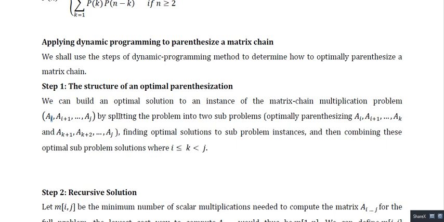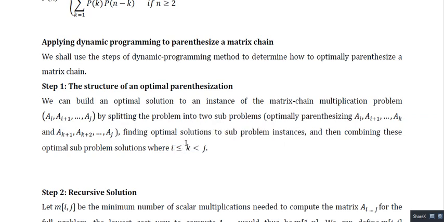If we are parenthesizing at index k, then it will be divided into 2 subparts. One part will be Ai to Ak, another part will be Ak plus 1 to Aj, such that the value of k lies between i and j. Be careful with this point: the value of k is always less than j, but it can be the same as i.